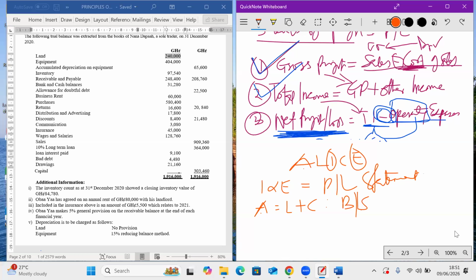So items in the trial balance which are assets don't reflect in the P&L because they are not income. However, when we have an asset in the trial balance, we can evaluate whether any regular expenses can be incurred on the asset, like equipment. Equipment is an asset. But what expense can be incurred on the equipment?